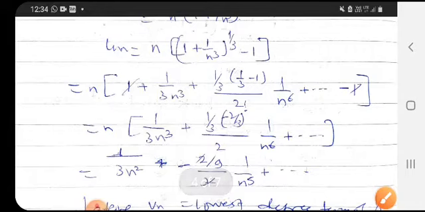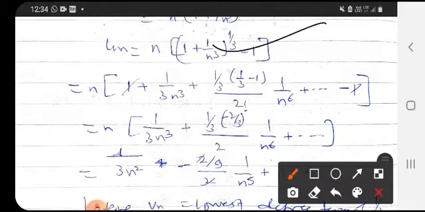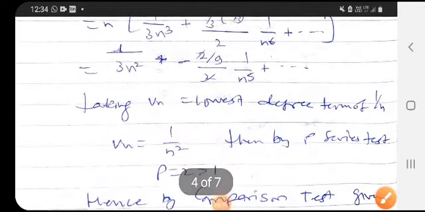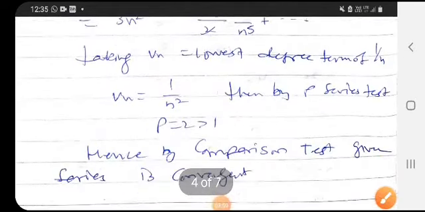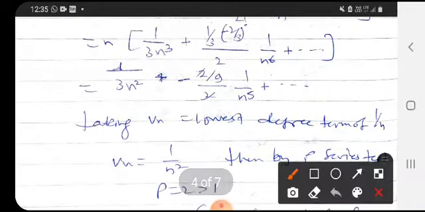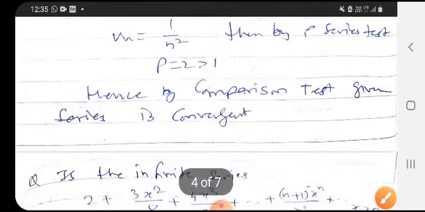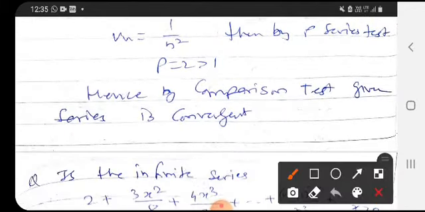After that, if we apply the binomial theorem we get this. Simplifying this we get this term, and after simplifying we see vn is 1 upon n square, p is equal to 2 which is greater than 1. Hence by the comparison test the series is convergent.